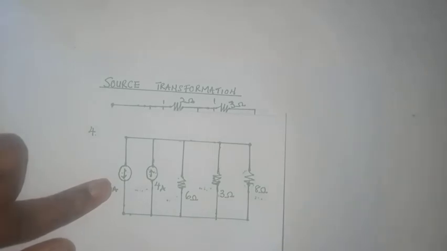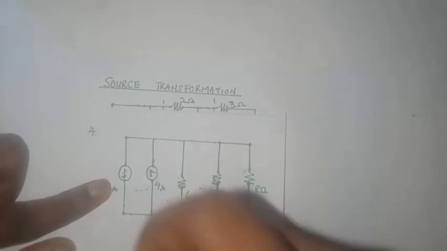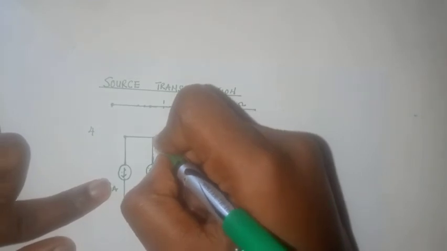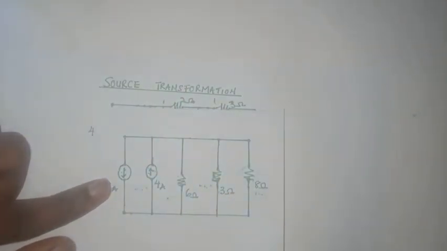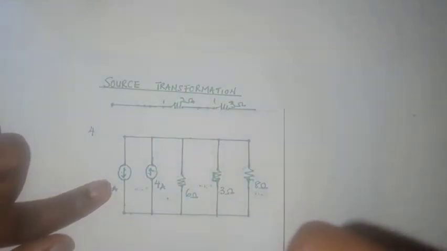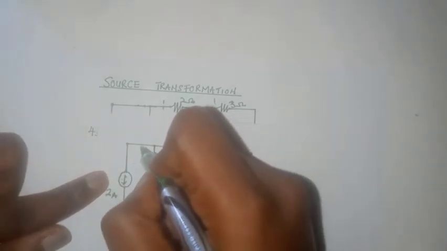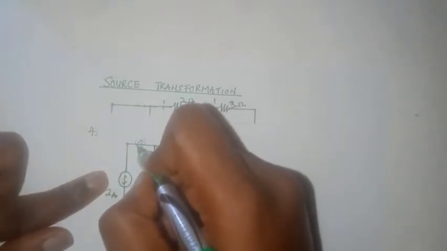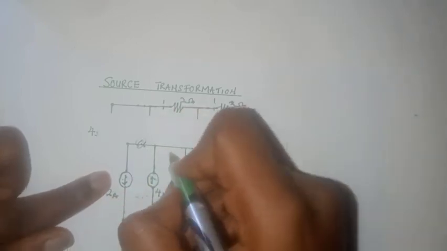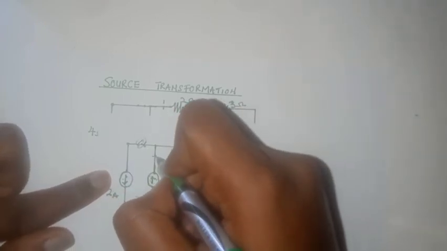If you are also familiar with Kirchhoff's law, where the current flowing into a node is equal to the current leaving a node, you know that this current, 2 amperes of current, is leaving this node. Okay, and 4 amperes of current is entering this node.